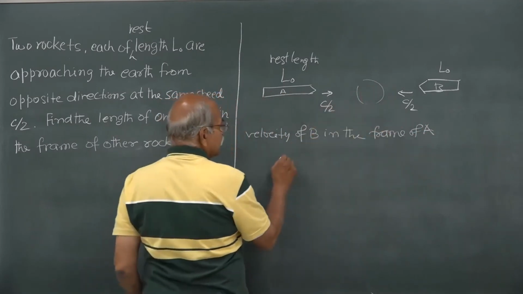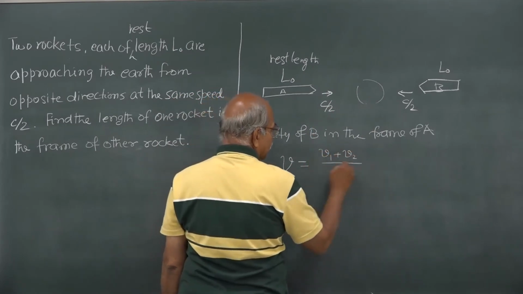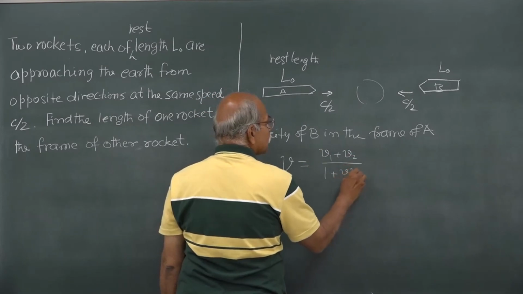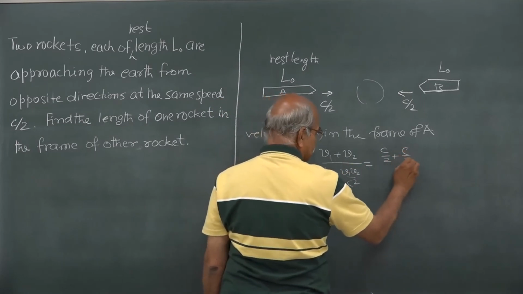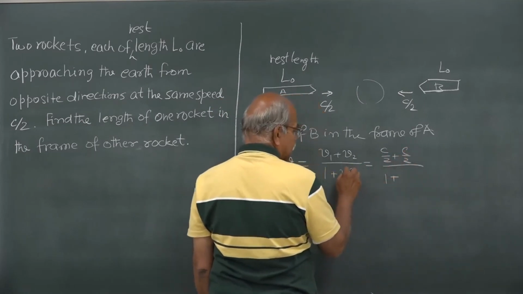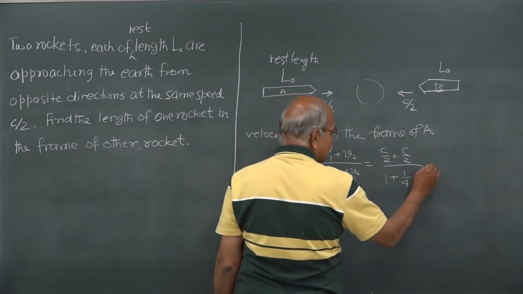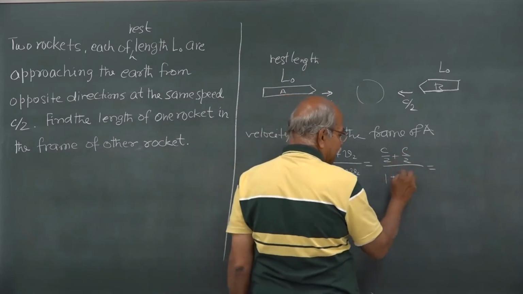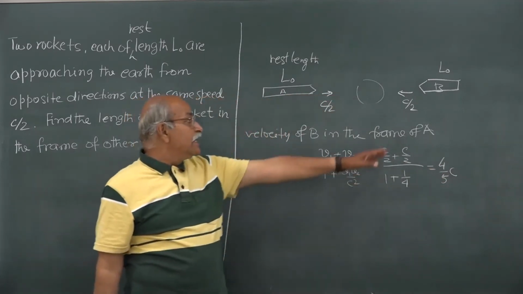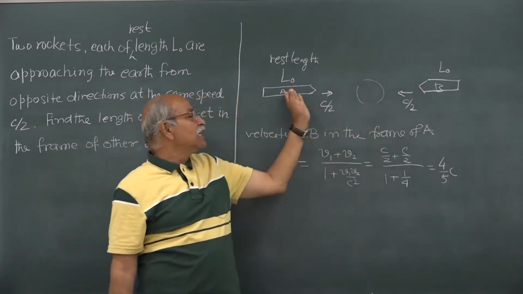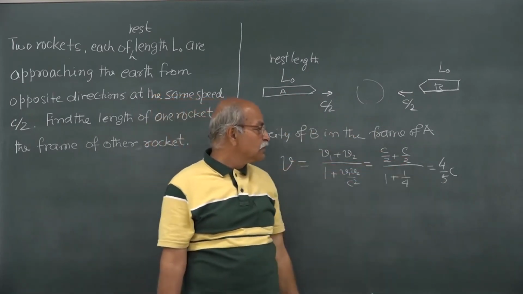But here V will be equal to V1 plus V2 divided by 1 plus V1 V2 by c square, that is the equation. So, c by 2 plus c by 2 divided by 1 plus c by 2 into c by 2, so that is 1 by 4, and then c square by c square is 1. So, it is c divided by 5 by 4, so it is 4 by 5 c. So, speed of this rocket in the frame of this rocket will be 4 by 5 c according to Lorentz transformation.